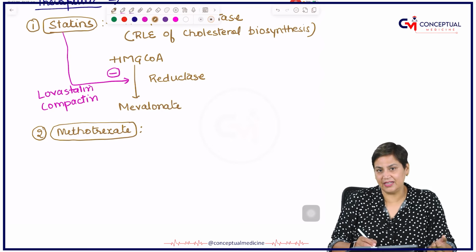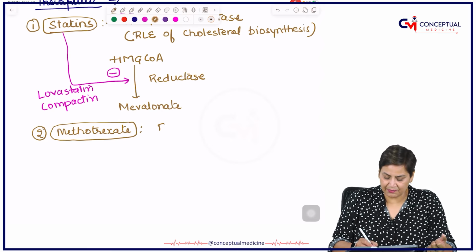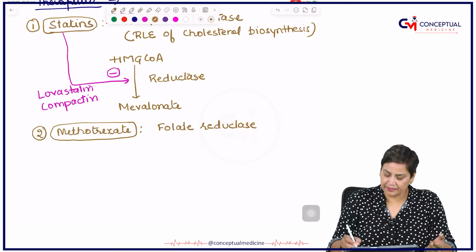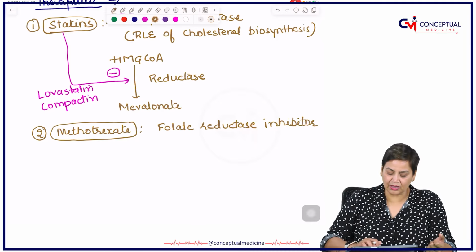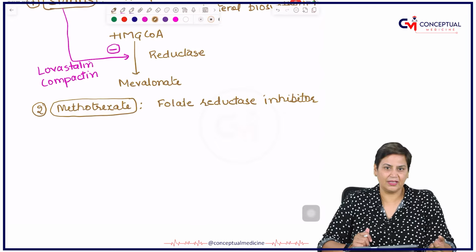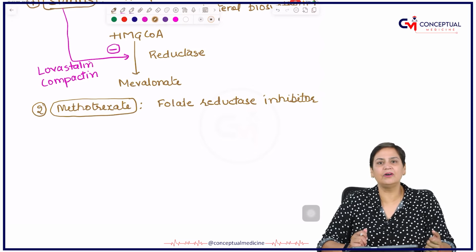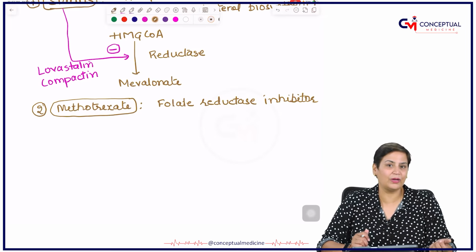Folate reductase inhibitor, or I'll just simply write dihydrofolate reductase, which is actually the name of the enzyme, but we can simply write folate reductase inhibitor. And in my previous video also, I had described the use of folic acid, and I used one very important term, 1-carbon metabolism. Folic acid is required for putting 1 carbon.